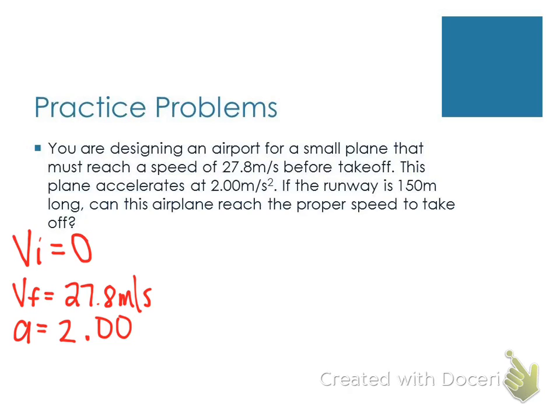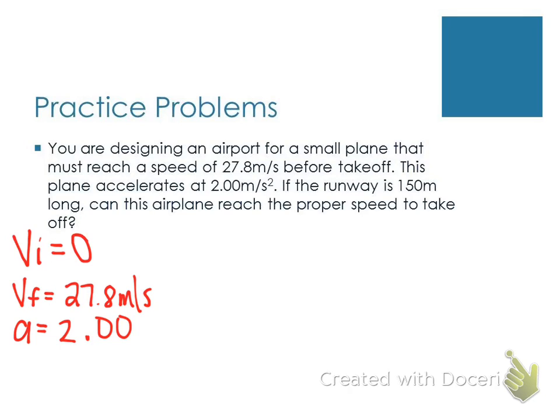We don't know time, which is not a huge deal because we have an equation that we can use without time. It tells us the runway is 150 meters long, but it wants to know whether the plane will reach a high enough speed in that distance in order to take off. So this question means we need to work backwards a little bit.